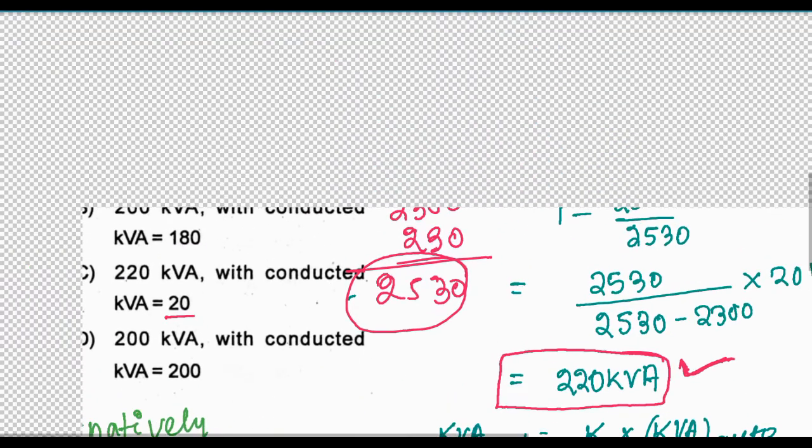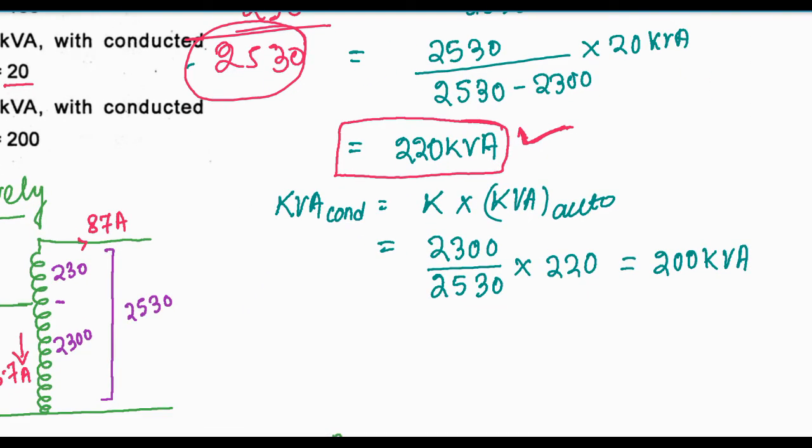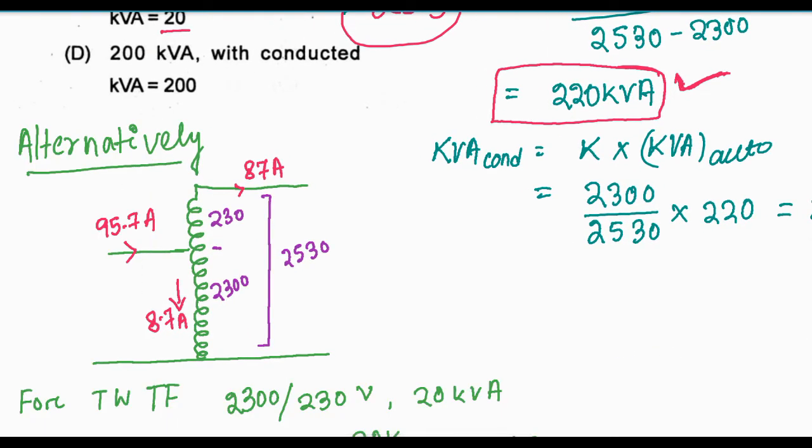Then in the options, conducted kVA is also given, that means conducting kVA. What is it representing? An auto transformer always transforms power from primary to secondary in two manners: one is inductive, like a conventional transformer, and another is conducting.